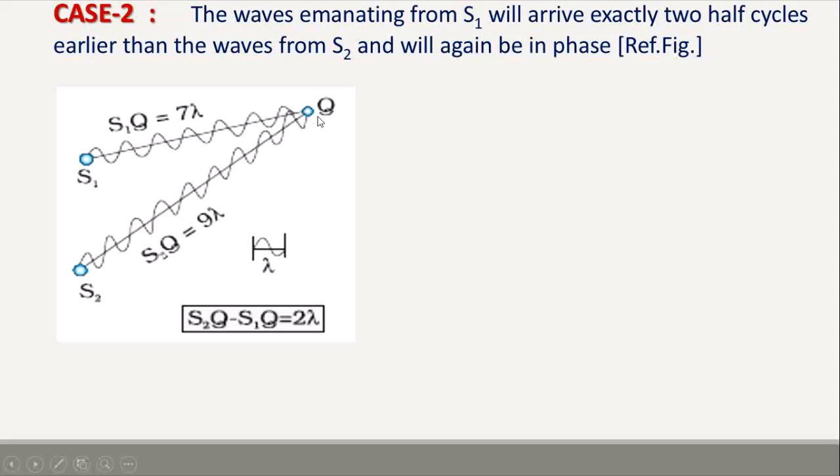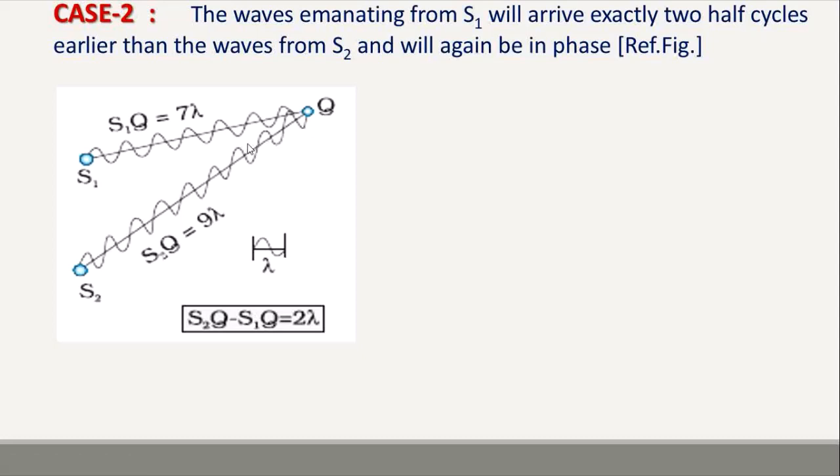The waves emitted by S1 and S2 are propagating towards the point Q. You can observe from this diagram that the distance S1Q is smaller than the distance S2Q. So the light wave emitted by S1 is going to reach the point Q in 7 cycles, whereas the light wave emitted by S2 is going to reach Q in 9 cycles.